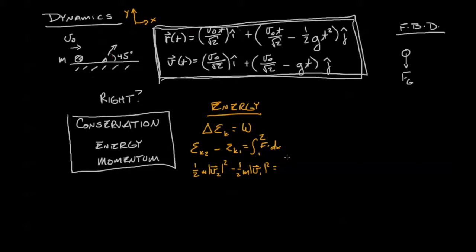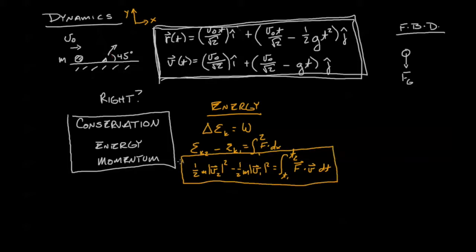However, we like having things in terms of time, so that's going to be the integral from time 1 to time 2 of f dot v dt. So now we see that by using our vectors, we have an equation that we could actually work with.